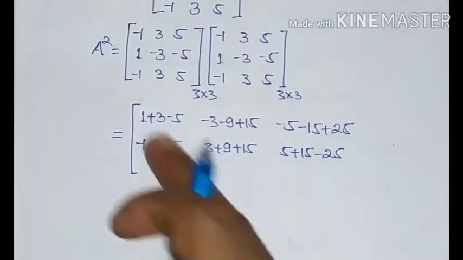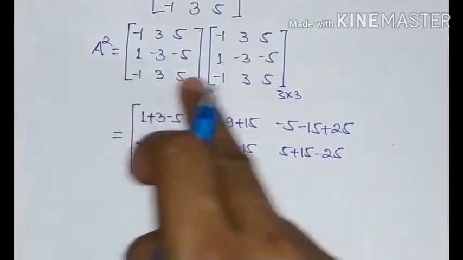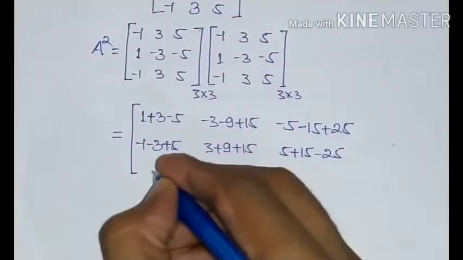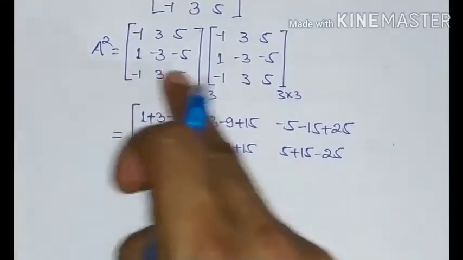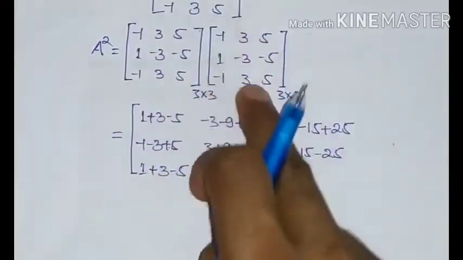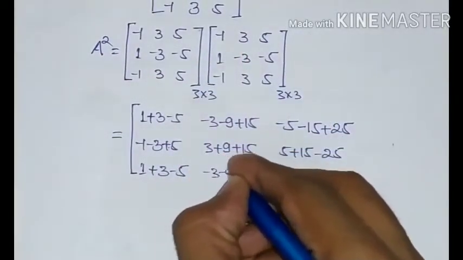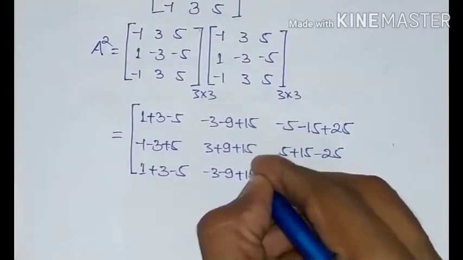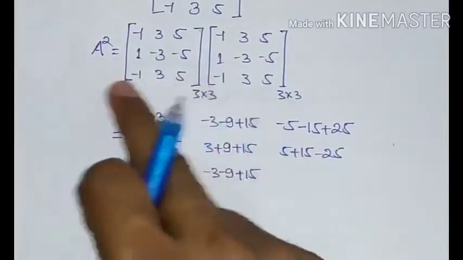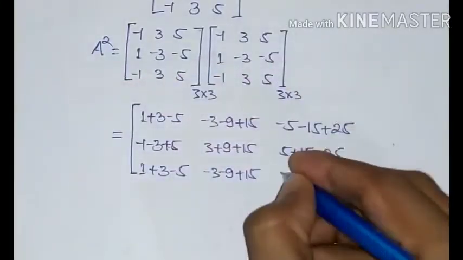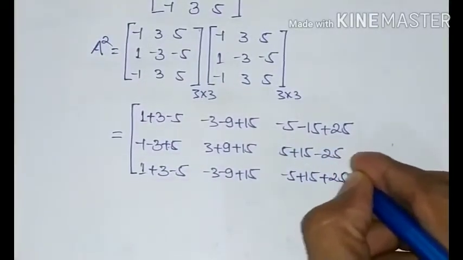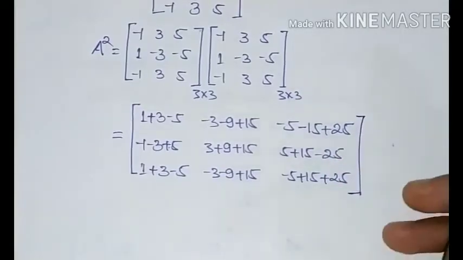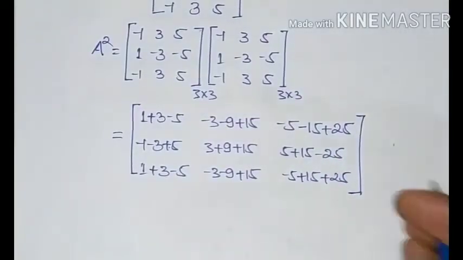The last ones are third row and first column, that is 1 plus 3 -5, third row and second column, that is -3 -9 plus 15, and third row and third column, that is -5 plus 15 and +25. This will be the product matrix, of order 3 by 3.